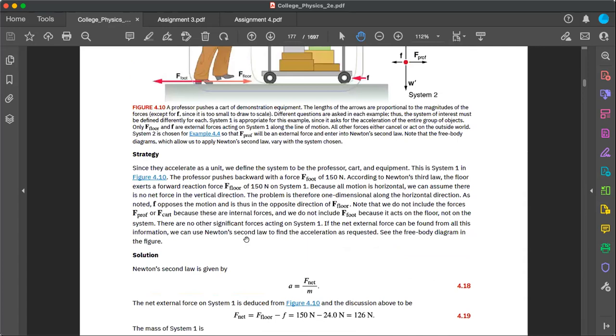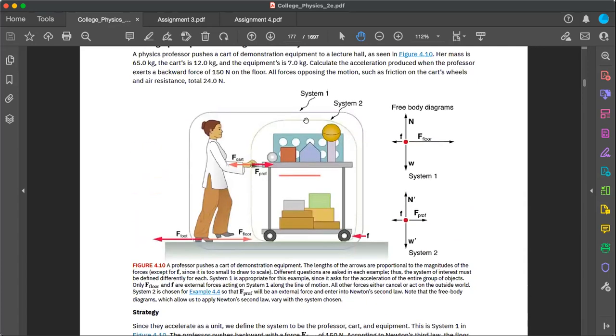So the hint is like this. Here you see system 1 and system 2. System 1 is the whole prof, the cart, and the equipment. But for this second part, we just look at system 2, which is just the cart with the equipment on it. So what are the external forces on this cart?